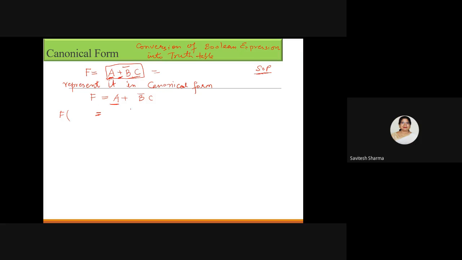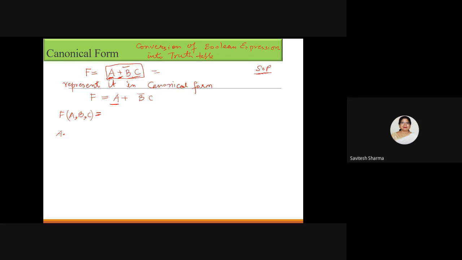In the expression, A is there, B is there, C is there. So A, B, C are the key variables. Then I will see the term. The first term is A, and I will identify how many variables are missing. B is missing.